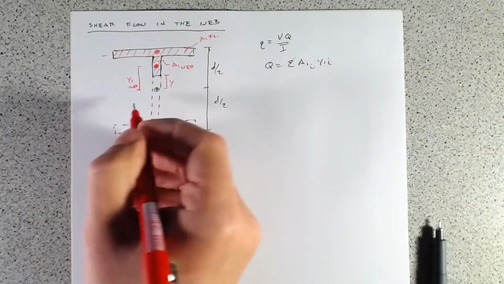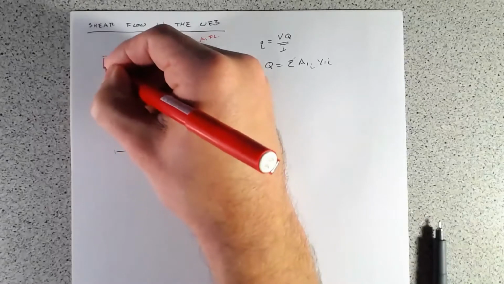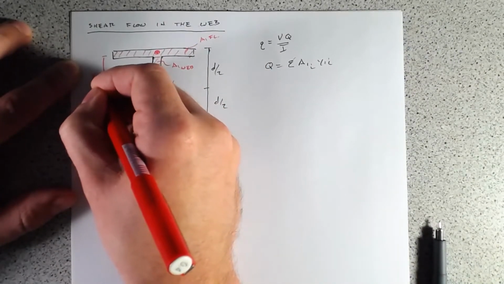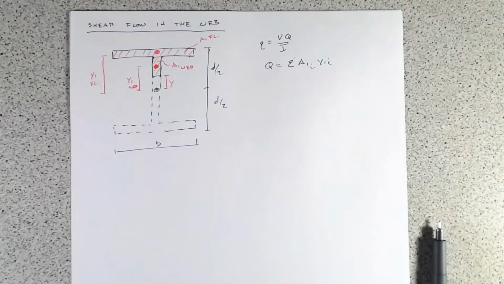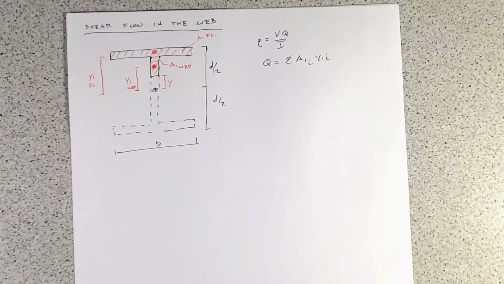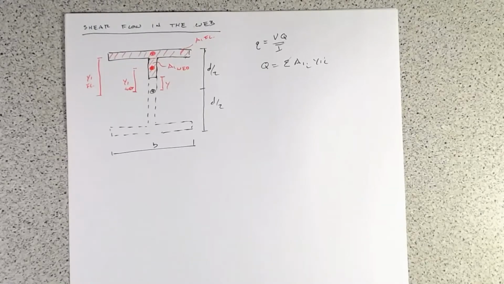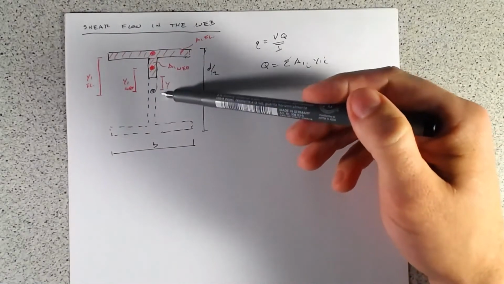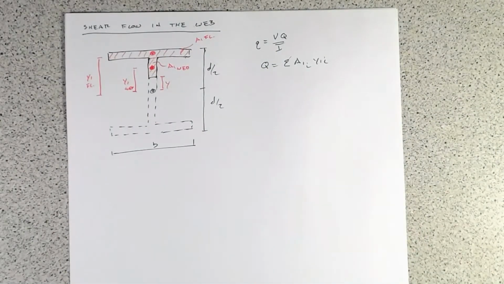And this is our distance, y1 of the flange. All right, with all of that, we can work out what Q is, and if we can work out Q with respect to our distance y from our neutral axis, then we know what our shear flow is and how our shear flow is distributed down the height.